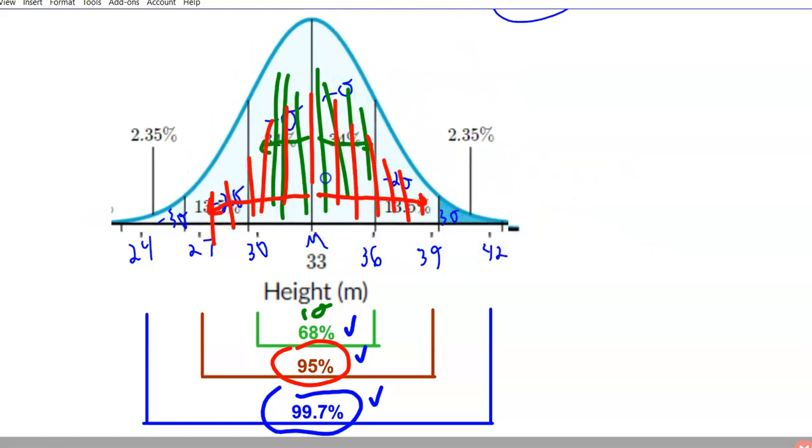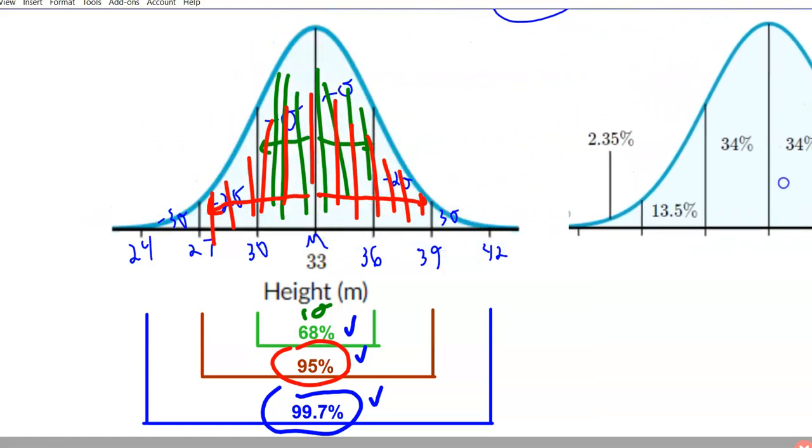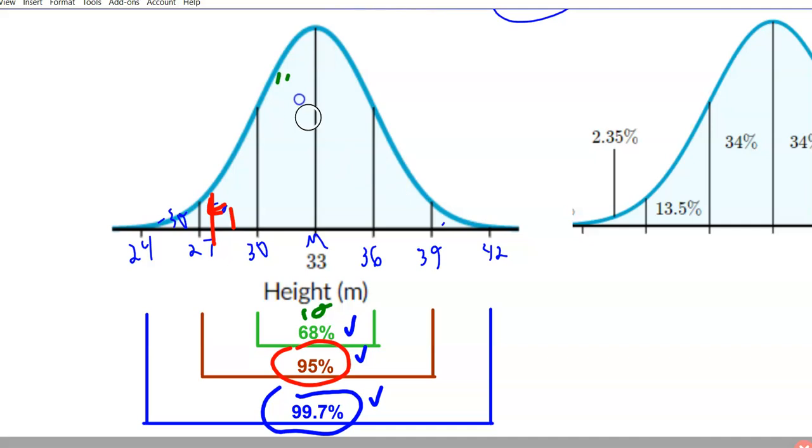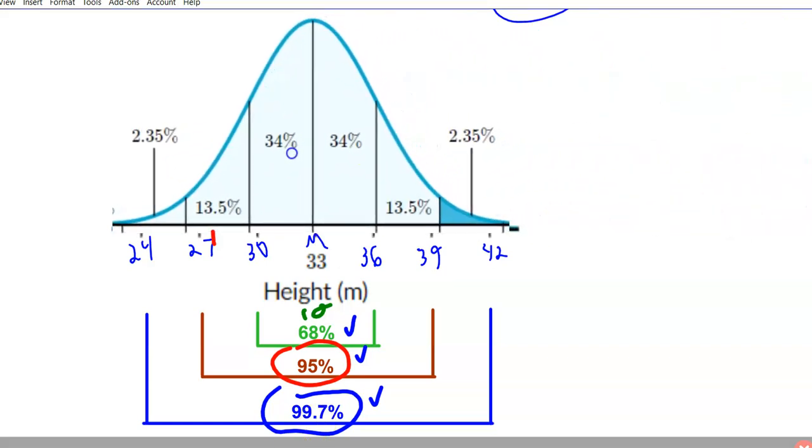Let me say this a different way. So let me erase some of this. Maybe it'll look better. Okay, so I'm going to overlay this on top. So this is a different way of looking at it. You can see that 1 standard deviation is 34 plus 34 is 68.